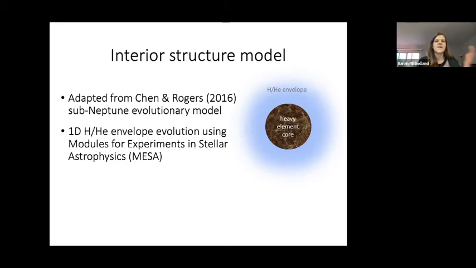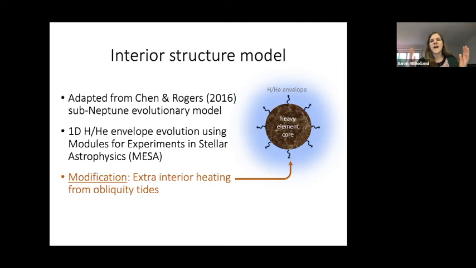This code is built off of the MESA code that is typically used to model stars, but with some adjustments to account for the fact that this is a planet rather than a star. And the only modification that I made to this model was to account for the extra interior heating that we would expect due to the tidal heating that we are thinking might be happening.